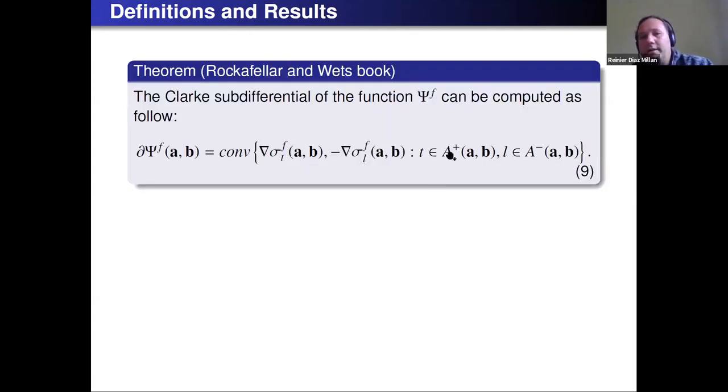When the point is active in A plus, we take the positive gradient, and when it is in A minus, we take minus the gradient. And when you take the convex combination of all of these, you get the Clarke differential.